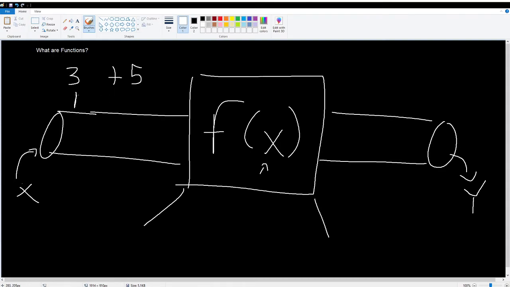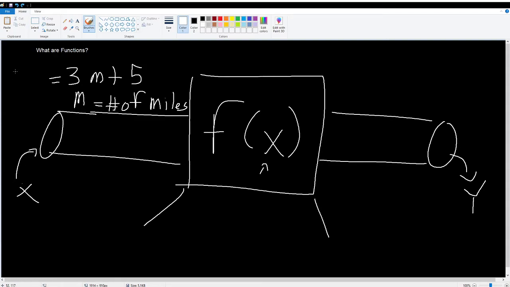Okay, and let's just say m is equal to number of miles. So we could say this function is g of m. Okay, well actually let's do another number.